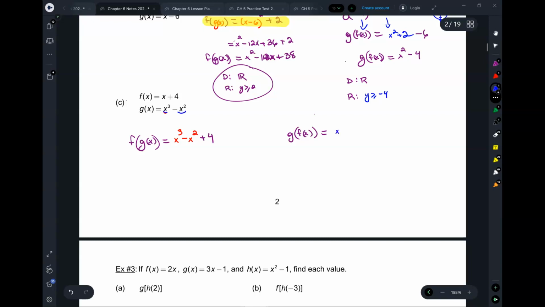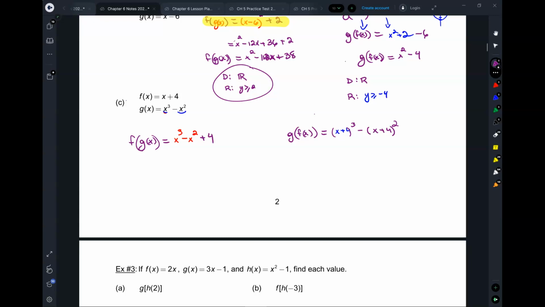So I'm going to have x plus 4 cubed minus x plus 4 squared, right? I lost my color coding here. Okay? I don't need to do anything more than what we did before. I just skipped one step of writing.